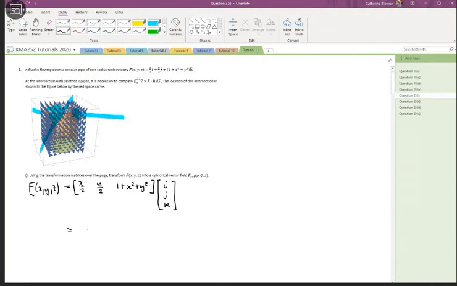And then I'm just going to use that same transformation. So I know x in cylindrical coordinates. I know y in cylindrical coordinates. And then I'm going to use that same transformation matrix.